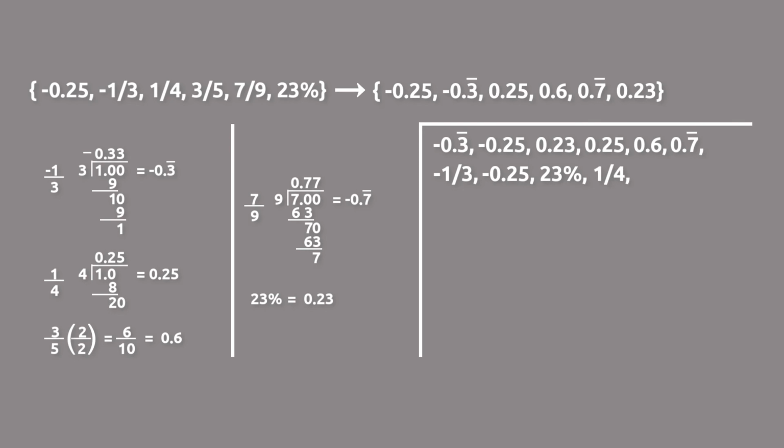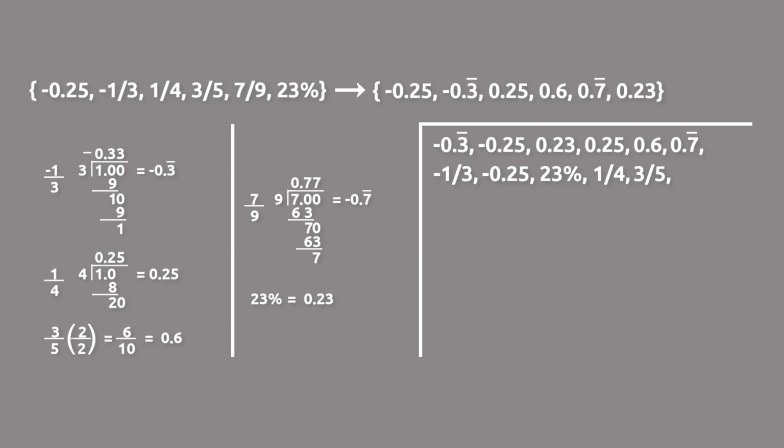The 0.6, we were given that as 3/5, so we'll go ahead and write that back as 3/5. And then finally, our 0.7 repeating was originally our 7/9.